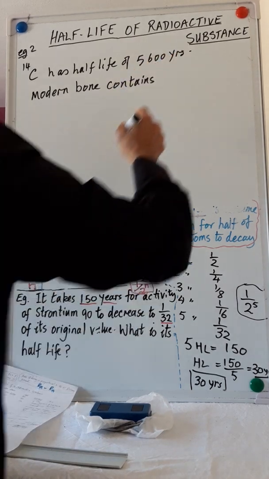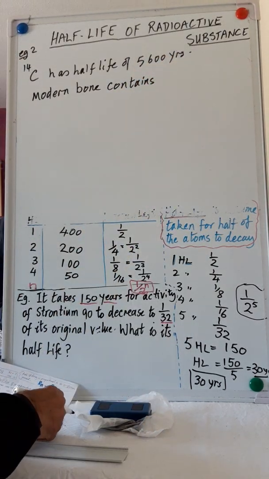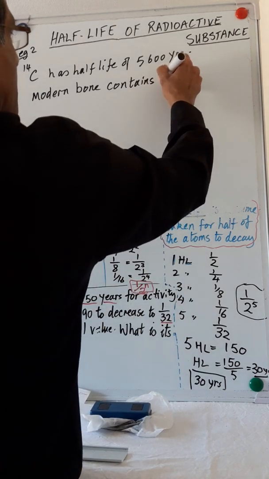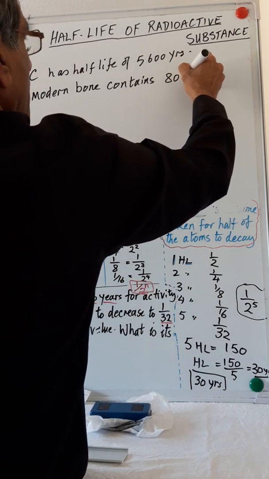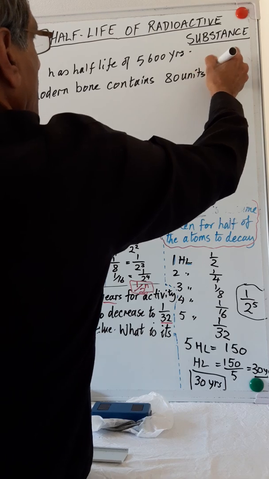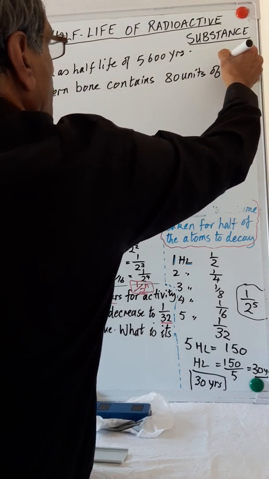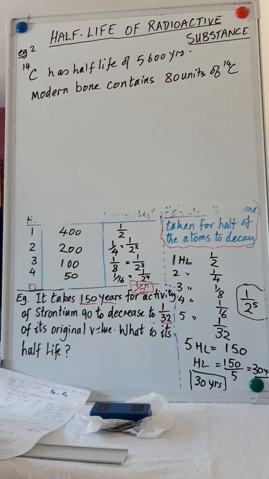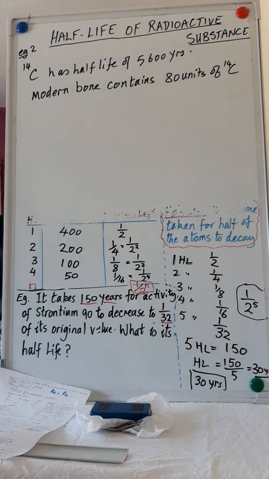The modern bone contains 80 units of C14.